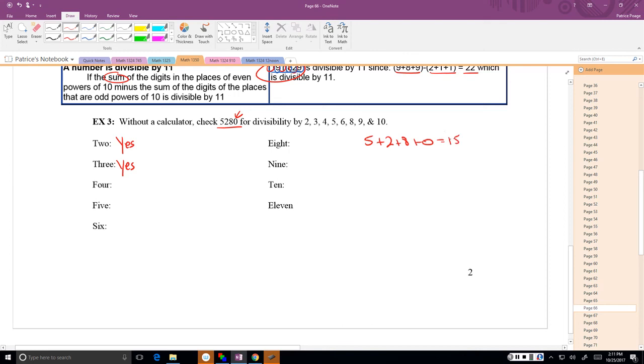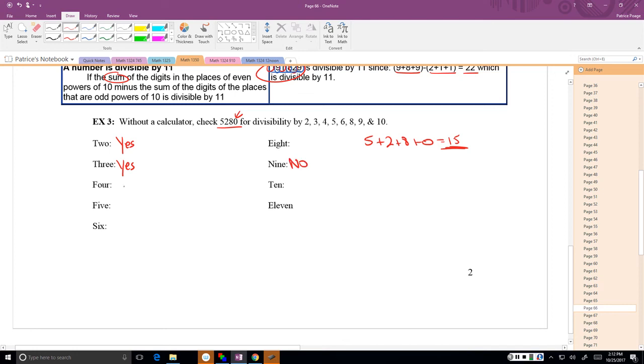And since 15 is divisible by 3, the whole thing's divisible by 3, right, Catherine? Whole thing? Okay. So would this whole thing be divisible by 9? No. How come? It's the same rule. The sum of the digits is 15. 15 is not divisible by 9, so this whole thing is not divisible by 9.